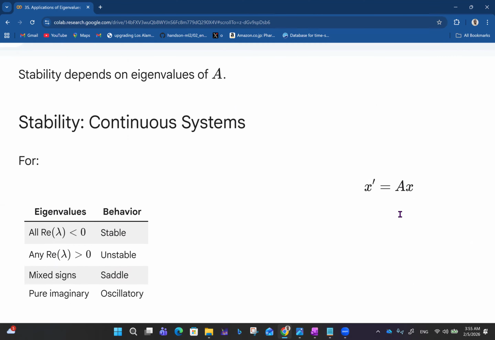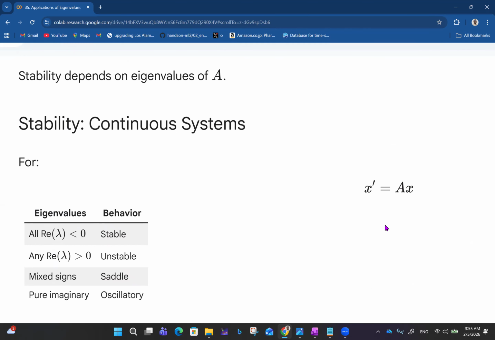For continuous systems, x prime equals Ax, we have eigenvalues and the behavior. If all the real components of the eigenvalues are less than 0, that'll be stable, because a negative real component means there'll be a decay, just like e raised to the power minus something, so it moves towards equilibrium.